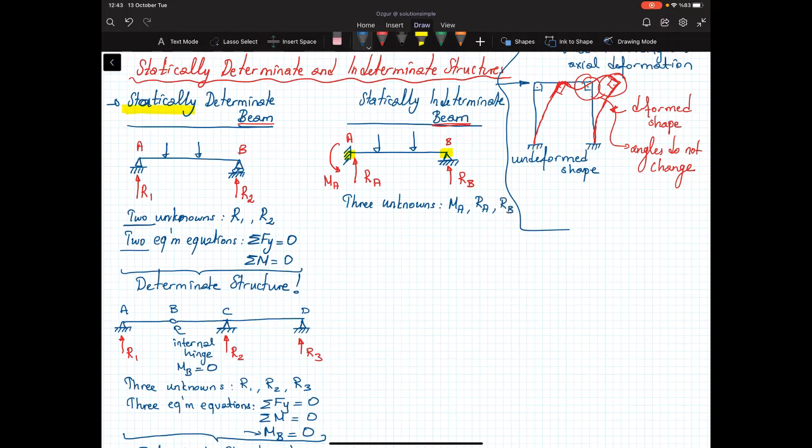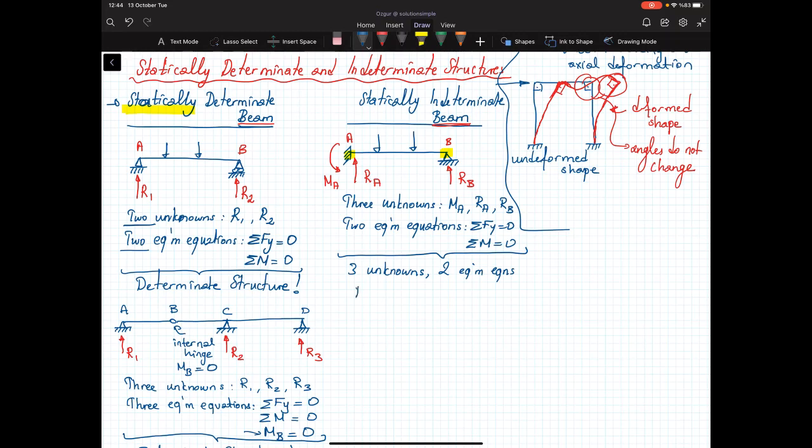How many equilibrium equations can I write? I can only write two equilibrium equations, which are sum of forces in Y must be equal to 0, and sum of moments must be equal to 0. So as you see, three unknowns, two equilibrium equations.